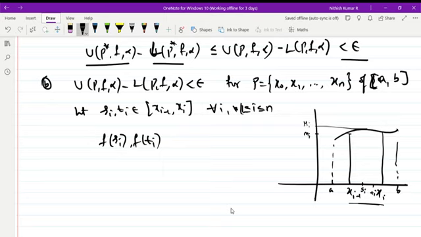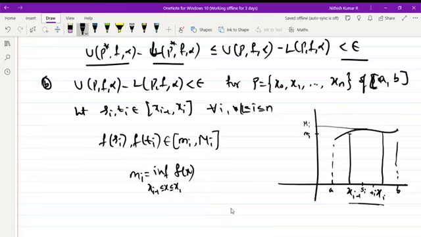So we can say f of si and f of ti belong to the closed interval [mi, Mi]. Then what is small mi? It is the infimum of f of x where xi minus 1 is less than or equal to x, less than or equal to xi, and capital Mi is the supremum of f of x over the same interval, and this is true for all i.